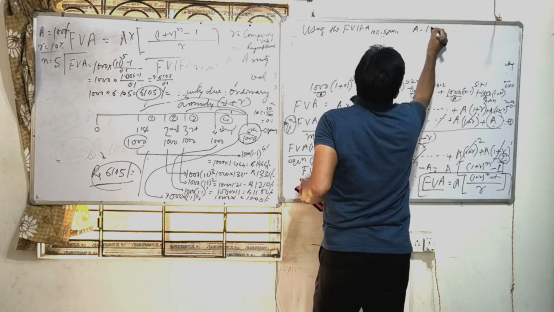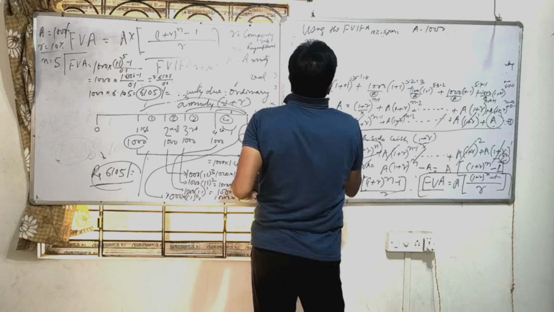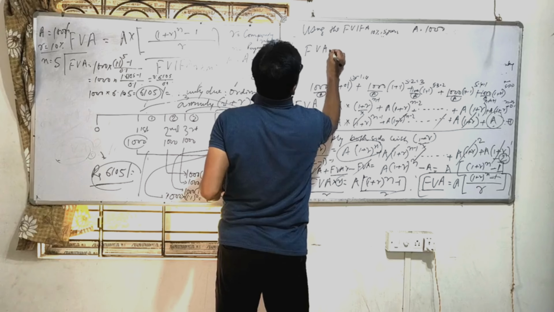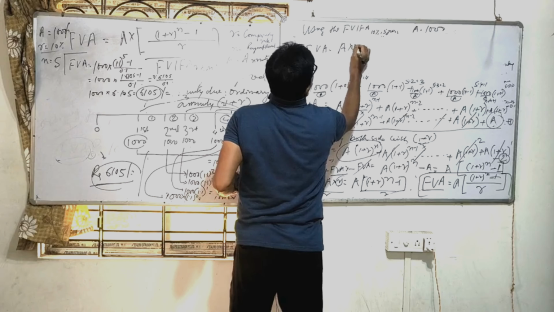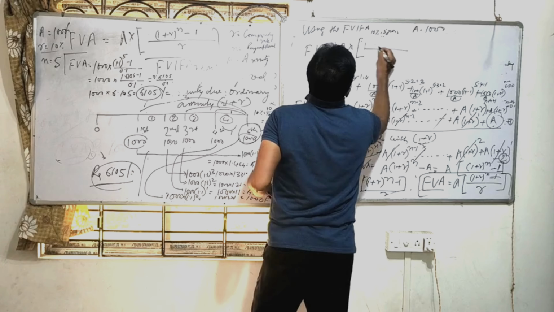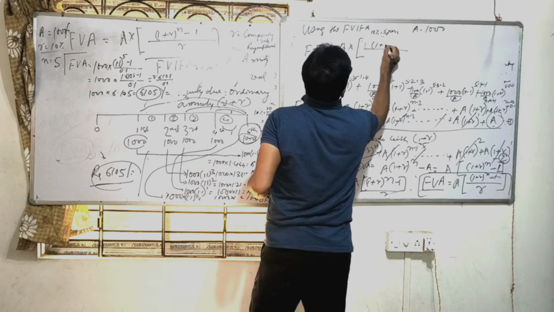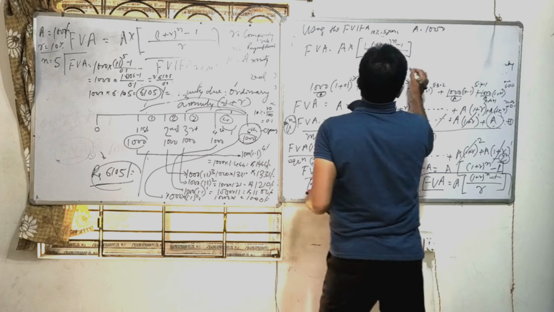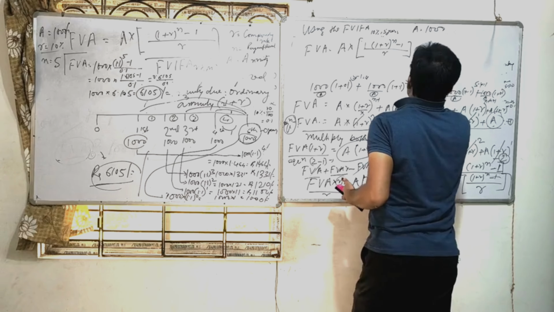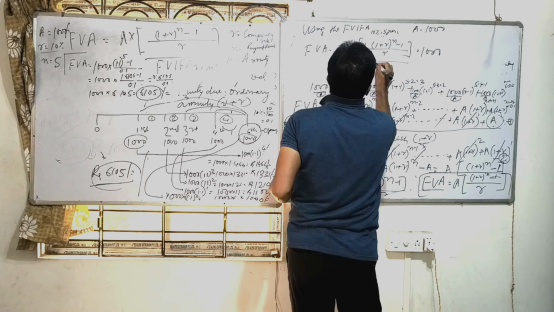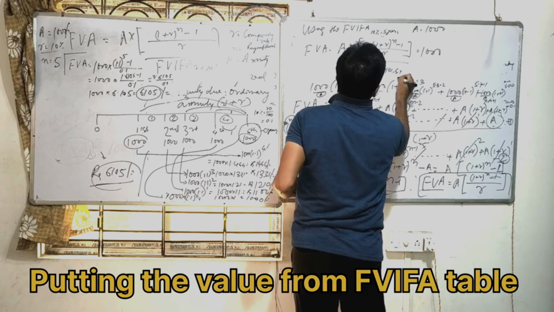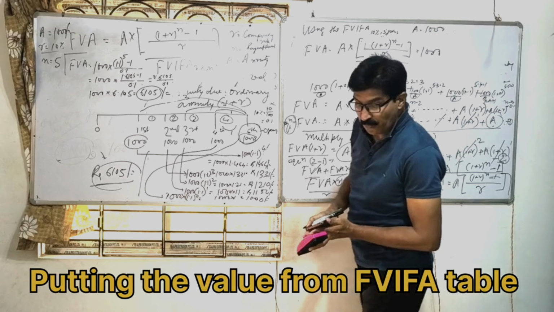Here A is equal to 1000. Within a second we can calculate the future value of annuity, which is A into 1 plus r to the power n minus 1 divided by r. So A is equal to 1000, and this part is the future value interest factor annuity for 10%, 5 years.